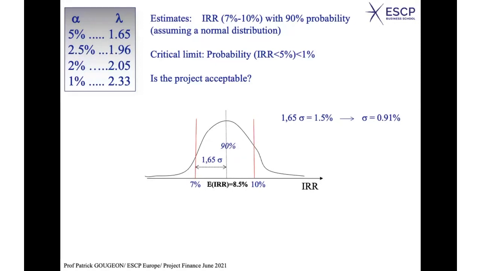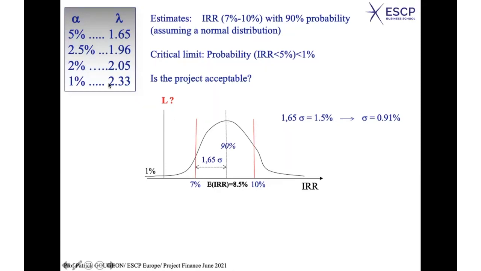Now, is that acceptable? Where is your limit? Your critical limit is for 1%. So, what is the value of this limit? If you take 1%, you see it's 2.33. In other words, the distance between the mean and the limit would be 2.33 times the standard deviation, which is 0.91.